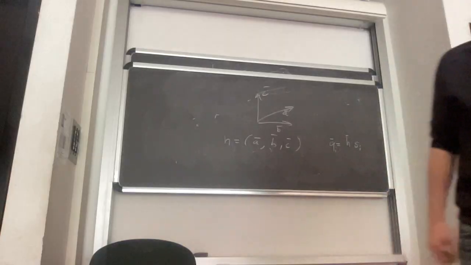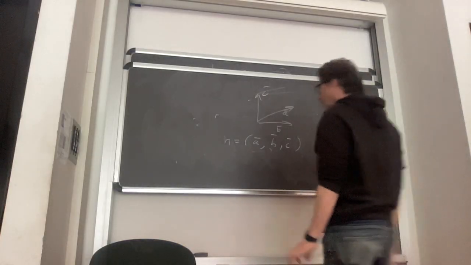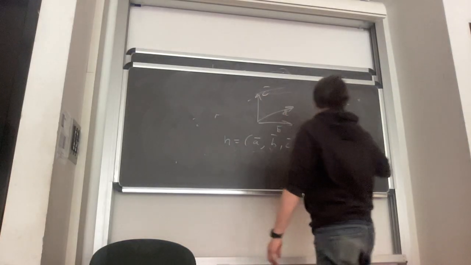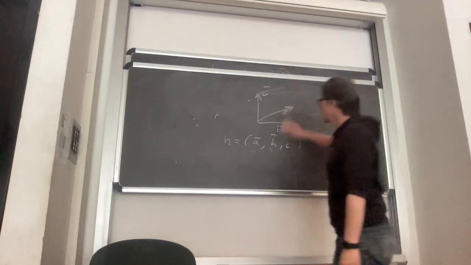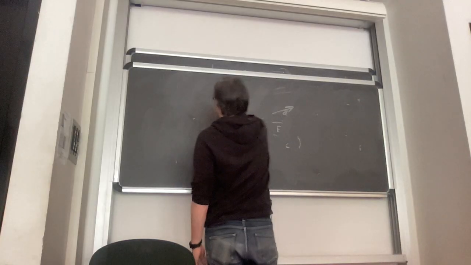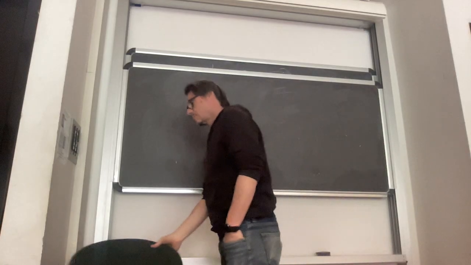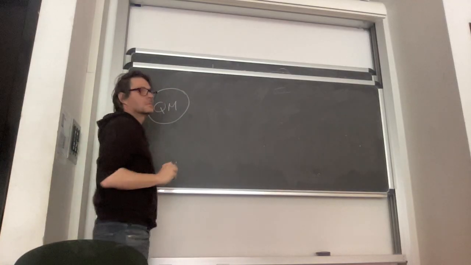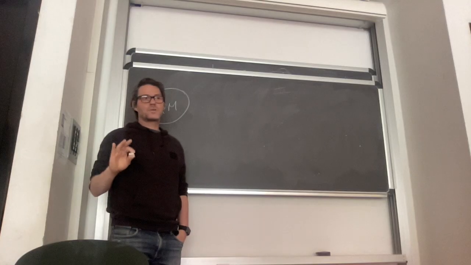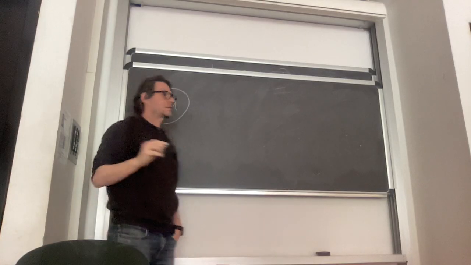Okay, so now we've reached a landmark in our course. Let me review what we did. We started from quantum mechanics, the most fundamental approach we could think of for macromolecular dynamics.